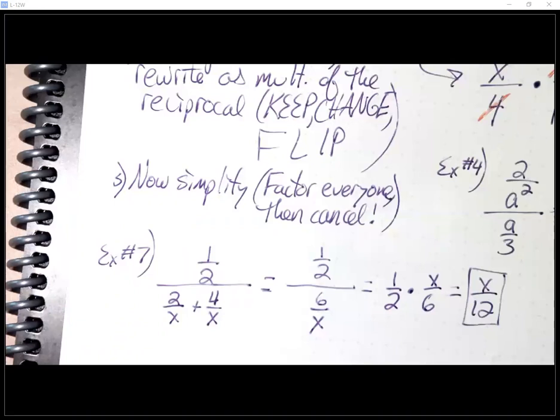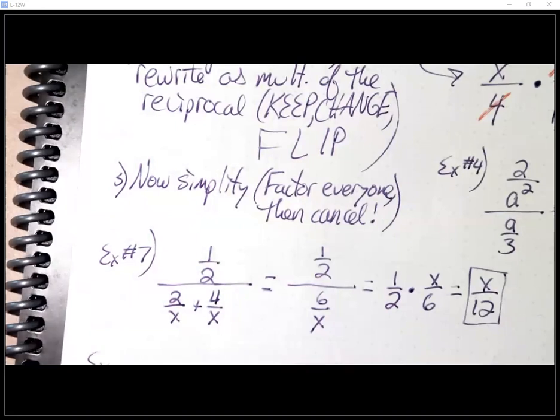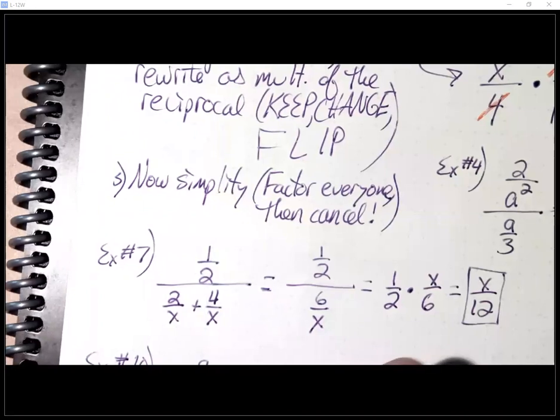Let's look at 10. We'll keep increasing our difficulty. Don't be scared. There's only 3 steps. You've got to remember that. And really, once you get past the first step, then it's like easy street.